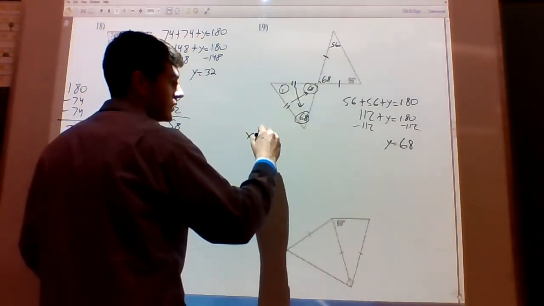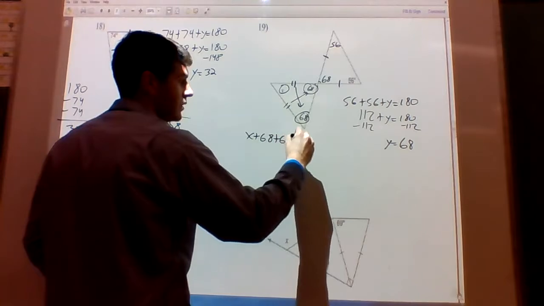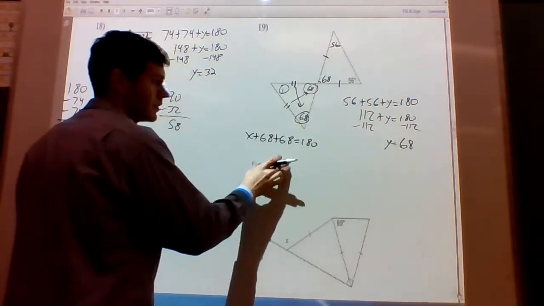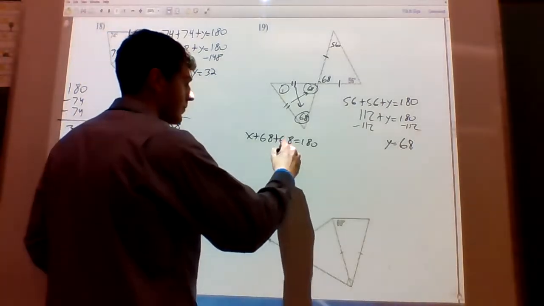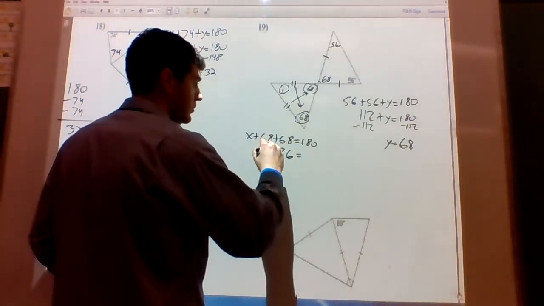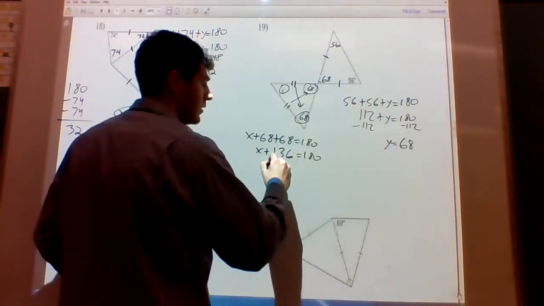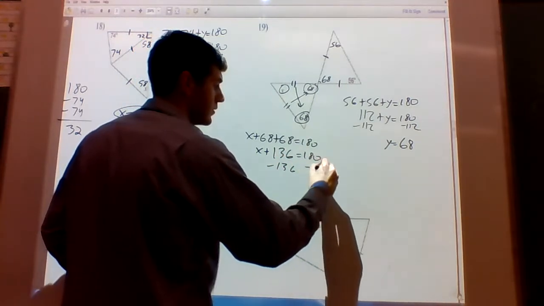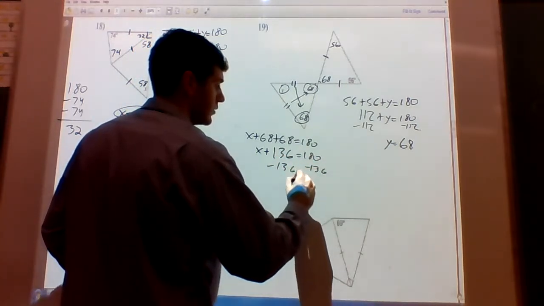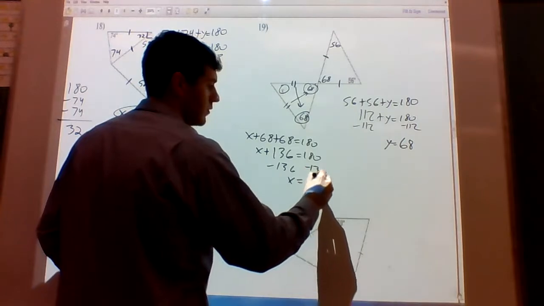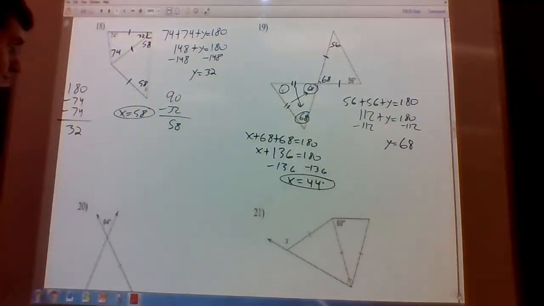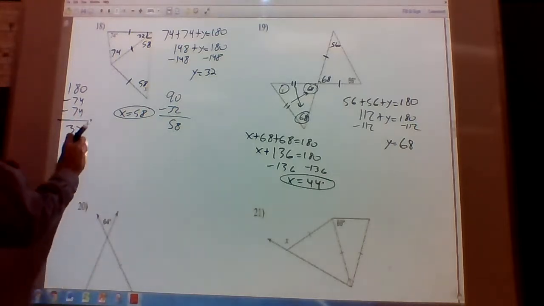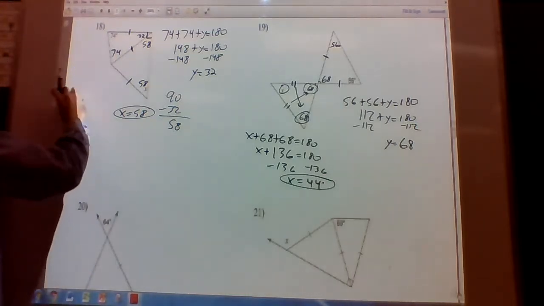So x plus 68 plus 68, which is 136, equals 180. X plus 136 is 180. Minus 136, x is going to be equal to 44 degrees.